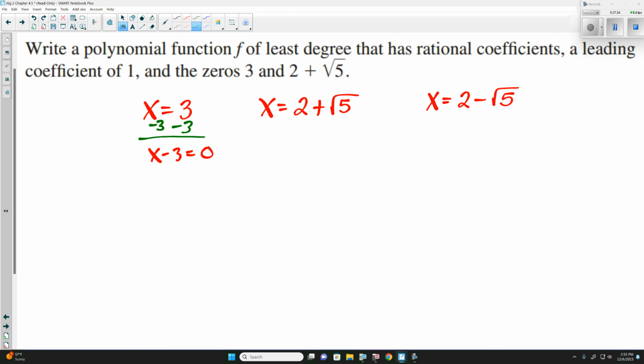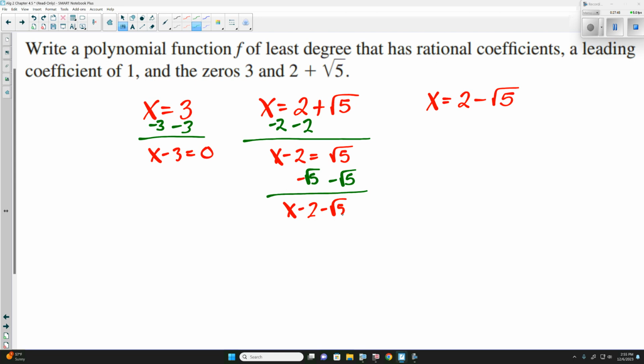That one's done. The next one, we can minus 2 first, telling us x minus 2 is equal to, now we need to subtract the square root of 5, telling us that we have x minus 2 minus square root of 5 is 0.